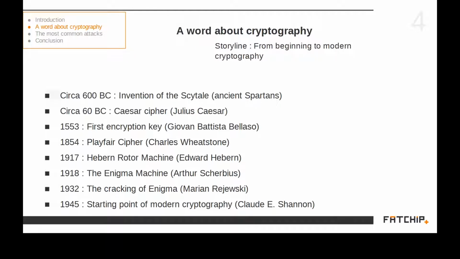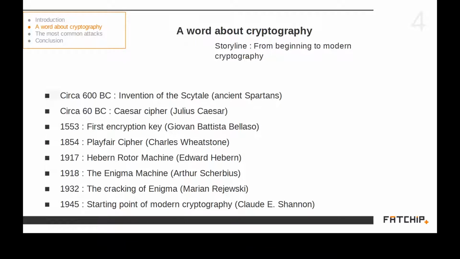But then in 1553 appears the first encryption key from Giovanni Battista Bellaso, I think it's like this, which was the first occurrence of an agreed keyword that both sides needed to know.